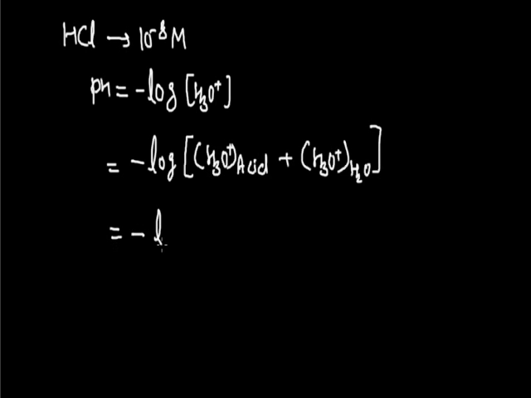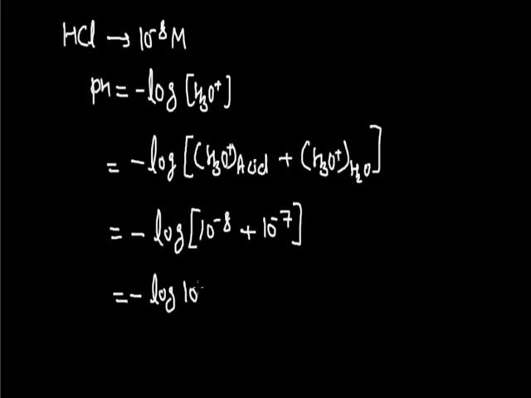Now if we put the values in the above formula, the acid molecules are providing the concentration of hydronium ion as 10 to the power minus 8 M, and as we have seen, the water molecules are providing the concentration of hydronium ion as 10 to the power minus 7 M at 25 degrees centigrade. To solve this, if we take the common factor, we may take 10 to the power minus 7 out of the bracket.